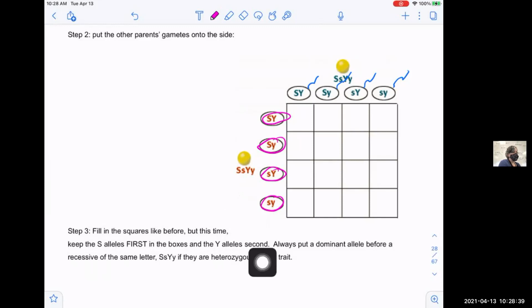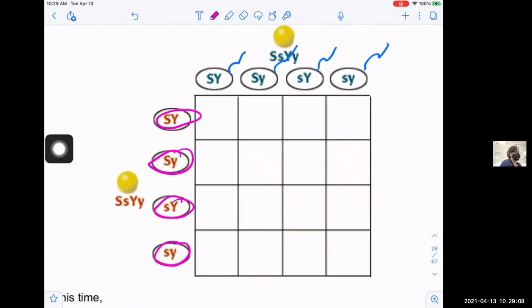And then always still put a dominant allele before a recessive allele if they're both present for the same letter. For instance, if you have a big S and a little s and a big Y and a little y, you would write the big S before the little s, just like before. But remember, your other rule that you're learning today is that the S's should stay together and the Y's should stay together. So let's fill this in.